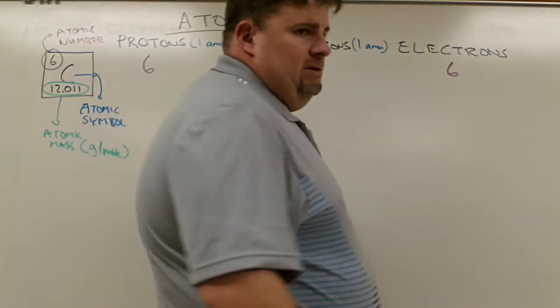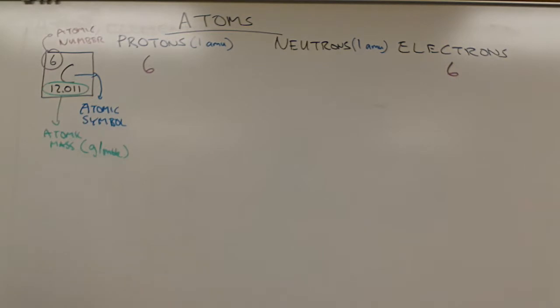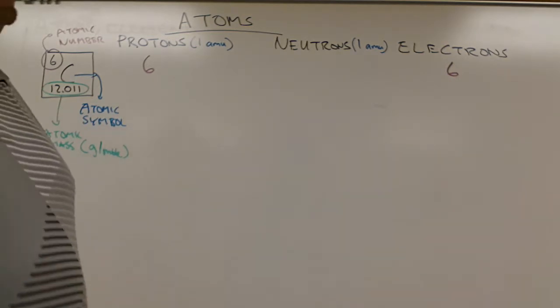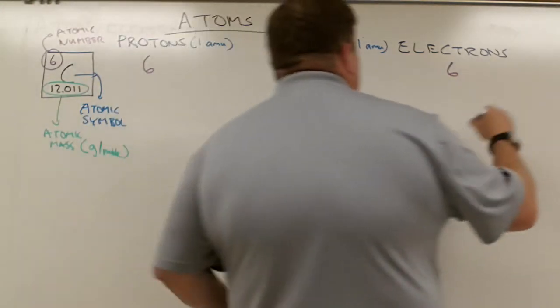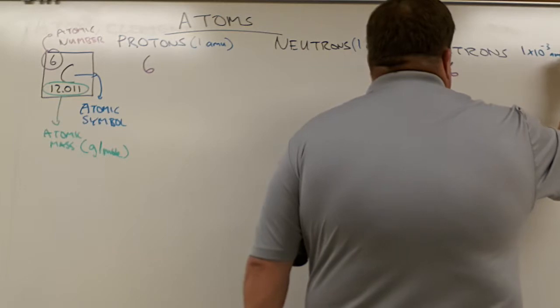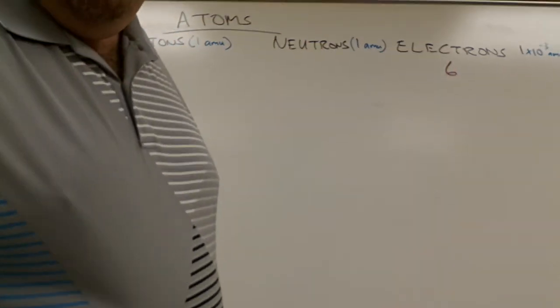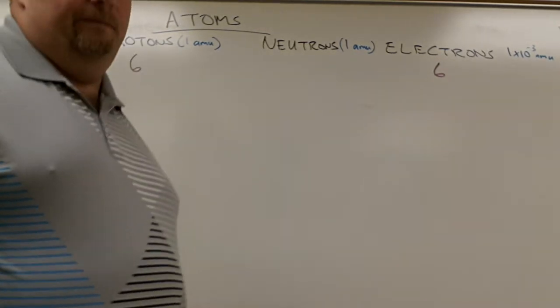And electrons, the electron itself comes in at about 1/1000th of an AMU. I should have looked that up before I started the video, but it's somewhere out there. So it's a really small value.